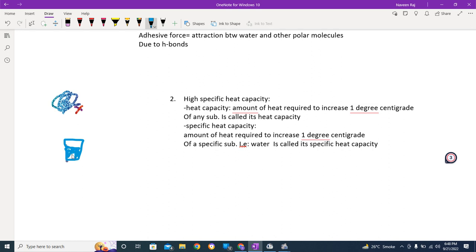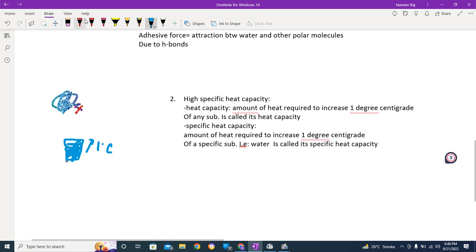Water is filled in it. Now I say to you, tell me the heat or the energy required to increase the temperature of this water by 1 degree centigrade. So that is something specific, and I know what I'm asking about. This is specific heat capacity. I hope that you've cleared the difference between the two.